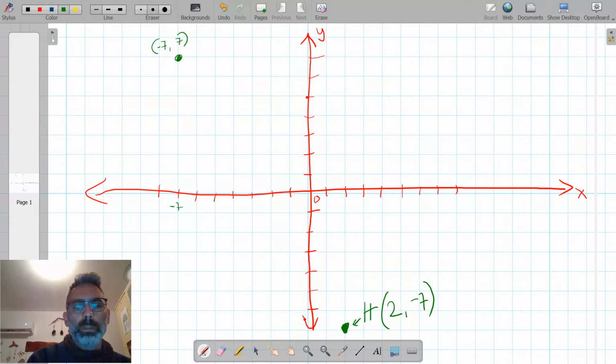Negative 5, negative 7. Negative 5 is here, negative 7 is here. So this is negative 5, negative 7.